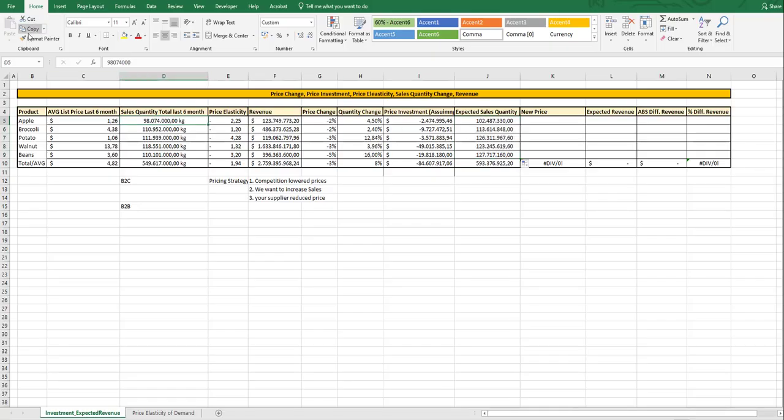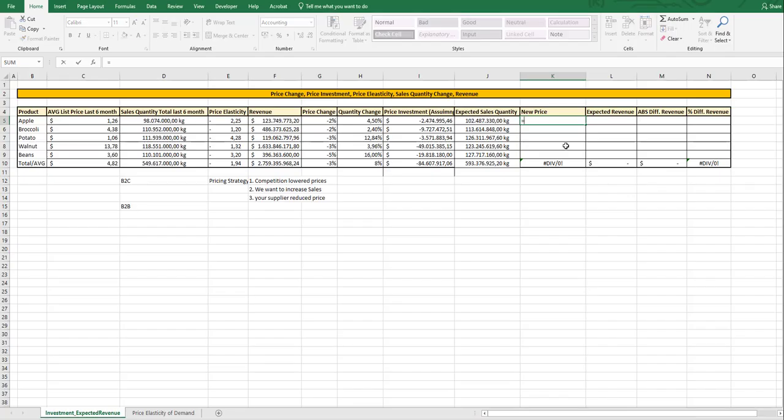I can do the format painter, and here this is also kg. Then we will calculate the new price, because we will have a new price.